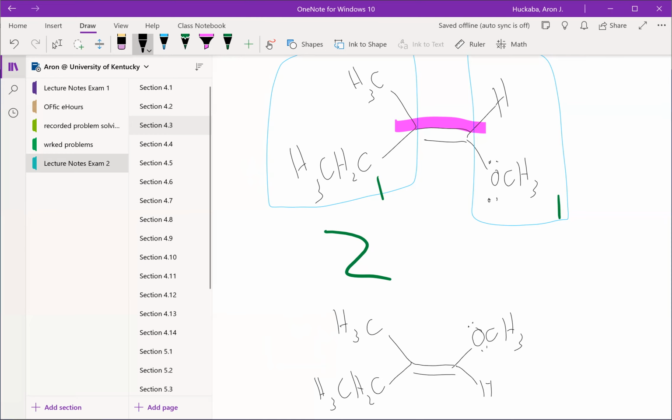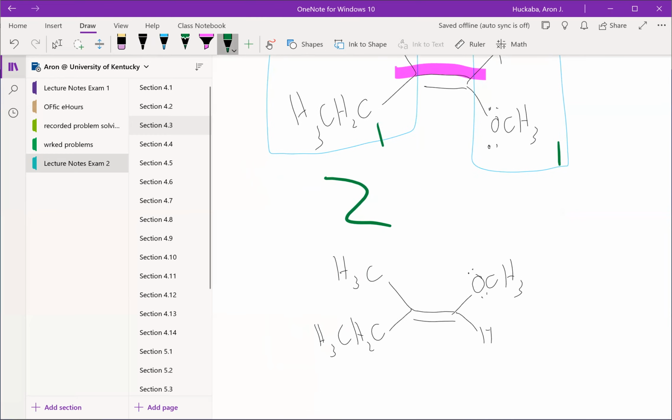If they were on the opposite side, we would call that E instead. And hopefully you see that with these two in the boxes, the number one priority on the left is still the ethyl group, the number one priority on the right is still the oxygen group, and they are on different sides of our imaginary line here, which makes it E here.